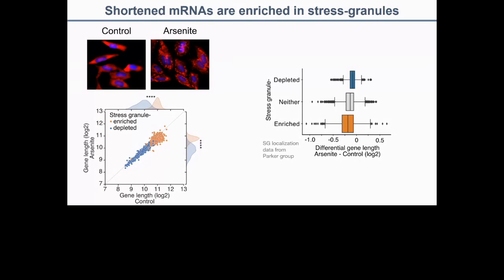And as previously reported by Roy Parker's group, the RNAs enriched in the stress granules are generally longer RNAs. But what we found is that the RNAs enriched in the stress granules are the ones showing the greatest difference in mRNA length, and they're being shortened the most. So the RNAs that are being shortened are essentially transported to the stress granules for storage.